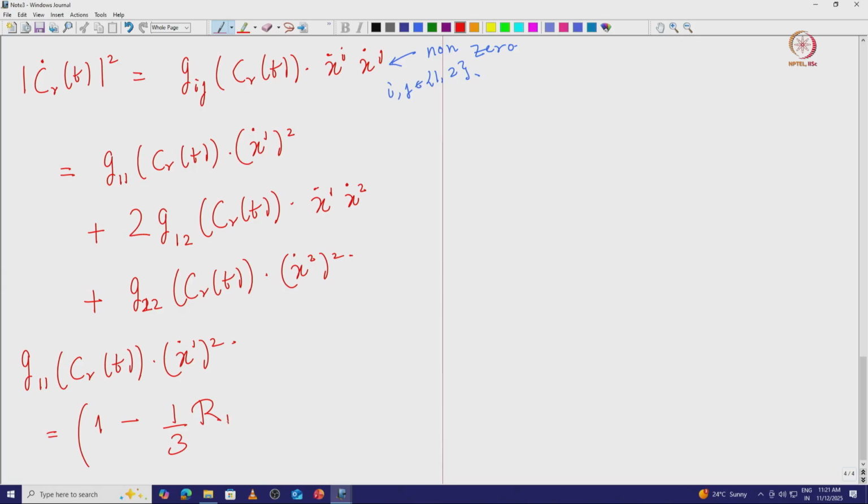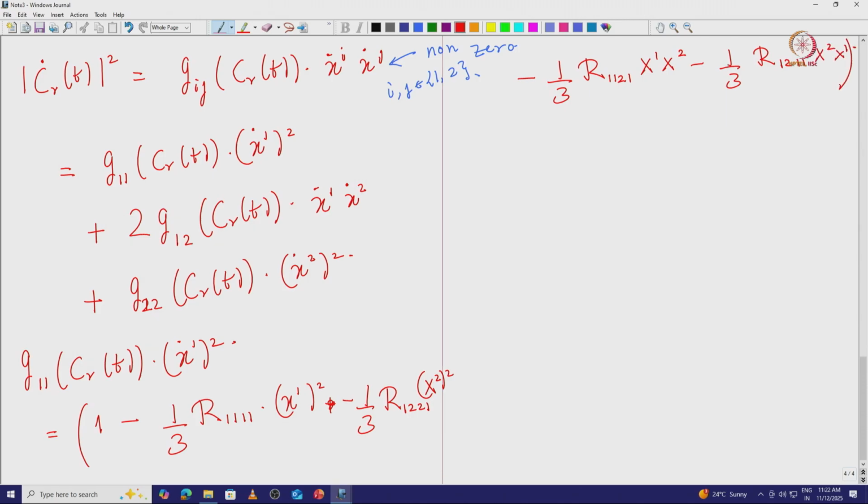So you will firstly have R1221 x2 squared minus 1/3 R1121 x1 x2 and the corresponding R1211 x2 x1.